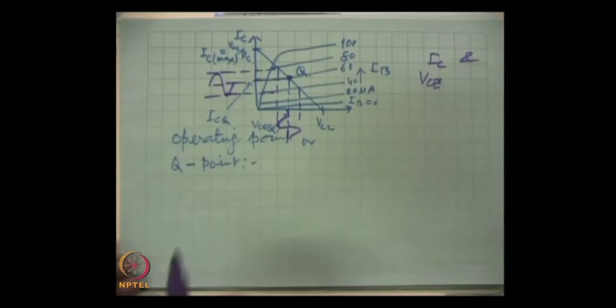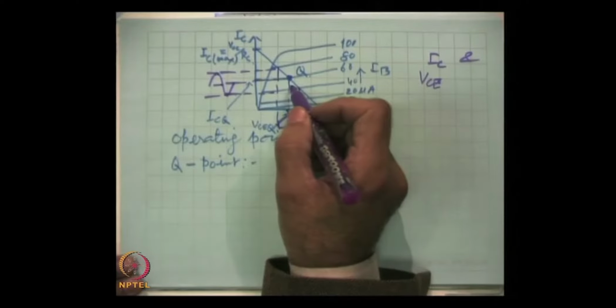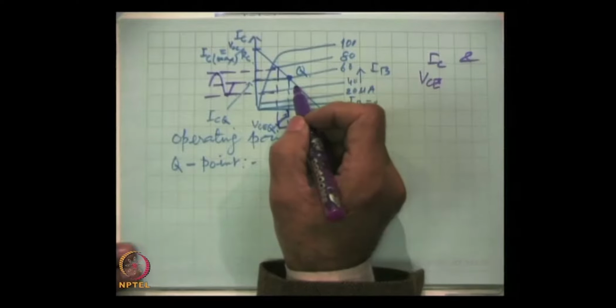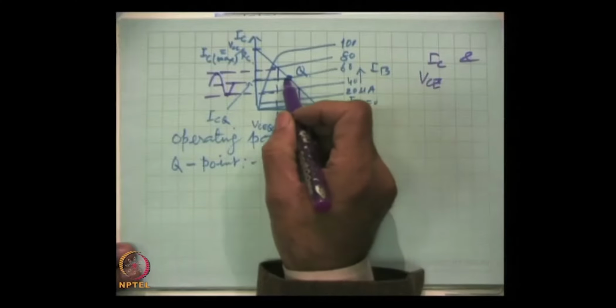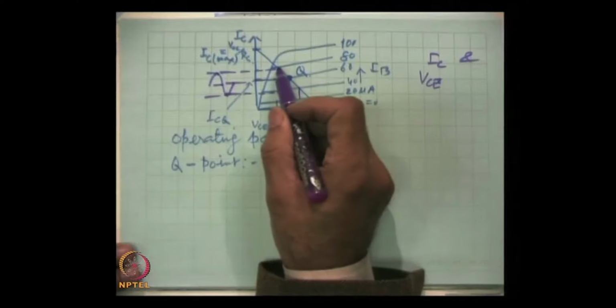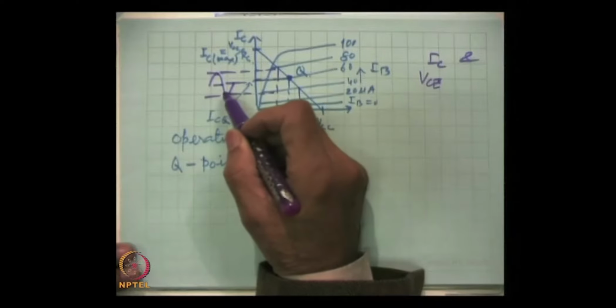Now, this Q point, the operating point, may shift, and I will tell you what are the reasons for the shift, and we have to choose the operating point properly. If it shifts closer to the saturation region, then the output will be distorted.